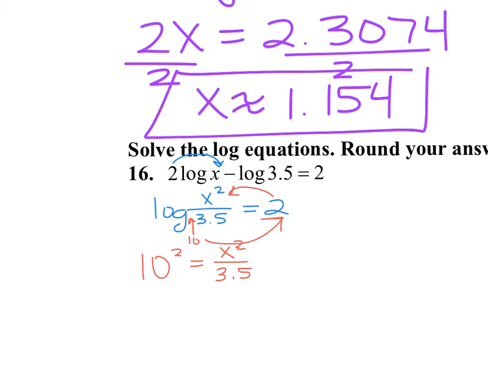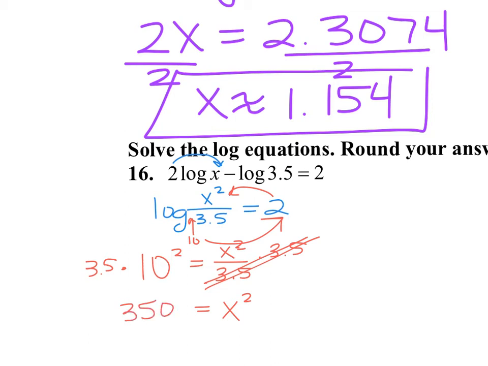Okay, what do you do next? Multiply by 3.5 on both sides. Okay, so we have x squared equals 3.5 times 100, 10 squared, would be 350.